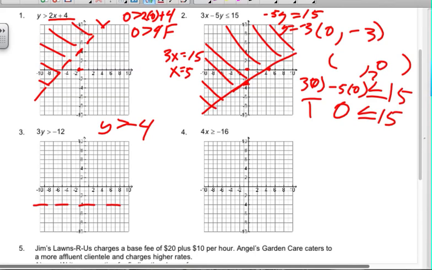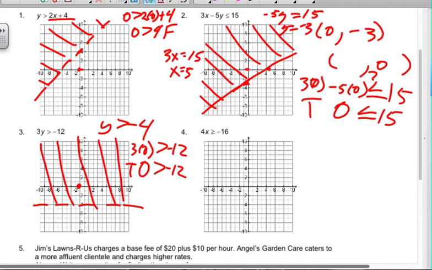And again, I go in and I pick 0, 0 because it's available. It's not on my line. So 3 times 0, is that bigger than negative 12? Or is 0 bigger than negative 12? And that is true. 0 is bigger than negative 12. So I shade this area up here.